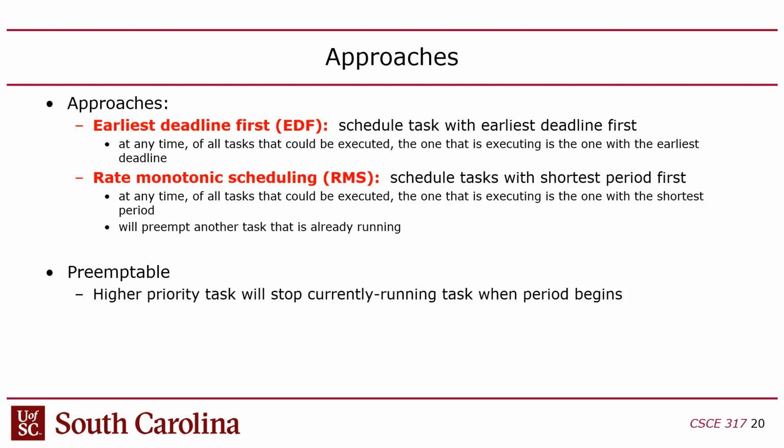And if a task is executing when a new task starts a new period, it might have a higher priority, and you may have to interrupt the task that's executing and throw in the one that just became ready. Does that make sense? So both of them require preemption. The only difference between these two is that EDF has the task constantly changing priorities, whereas this guy doesn't. Okay?